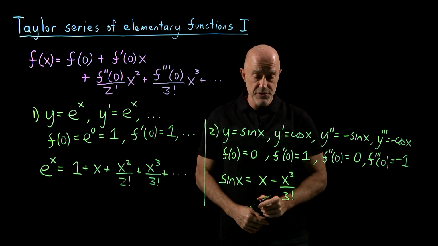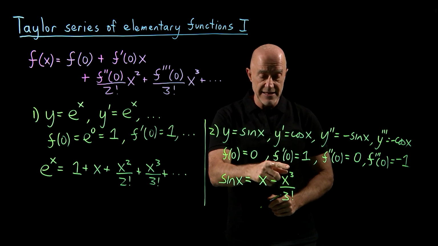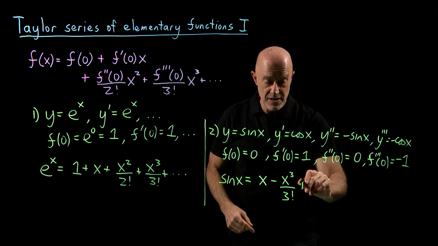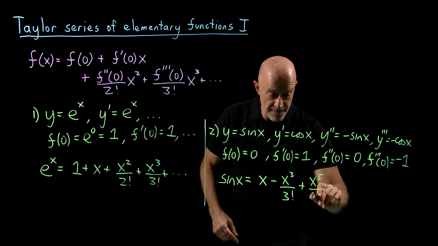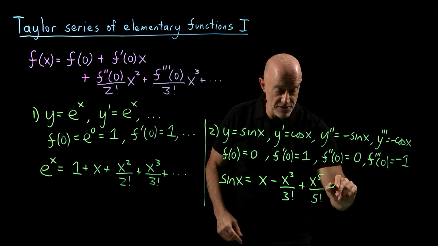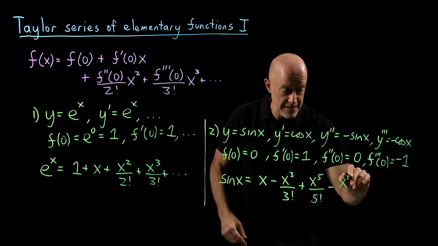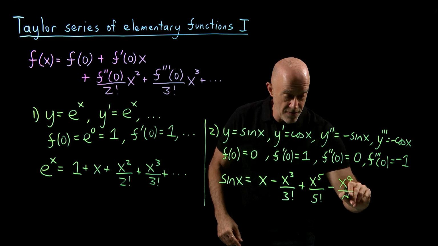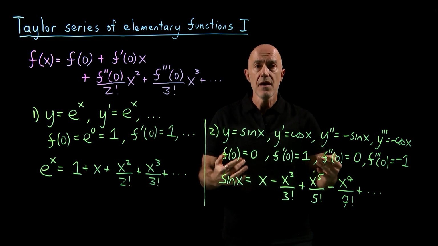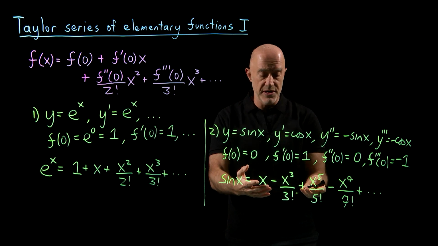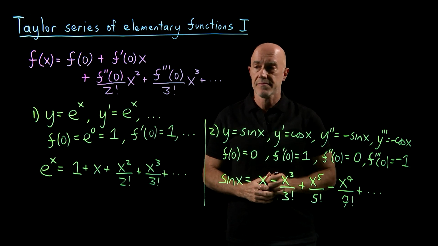This continues, so it's x minus x cubed over 3 factorial. The next term would be plus x to the 5th over 5 factorial, and the term after that would be minus x to the 7th over 7 factorial, and so on. A very important Taylor series in mathematics.